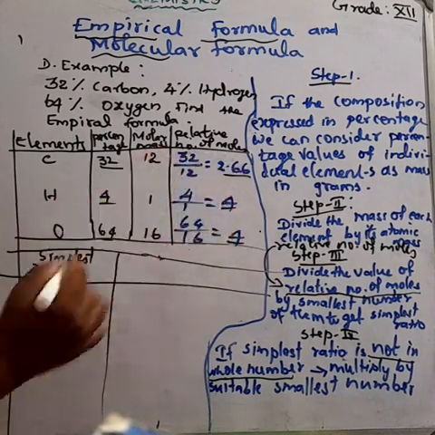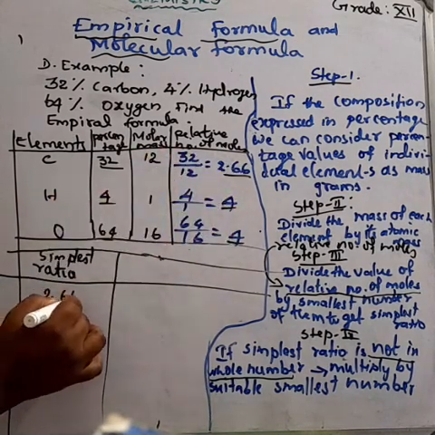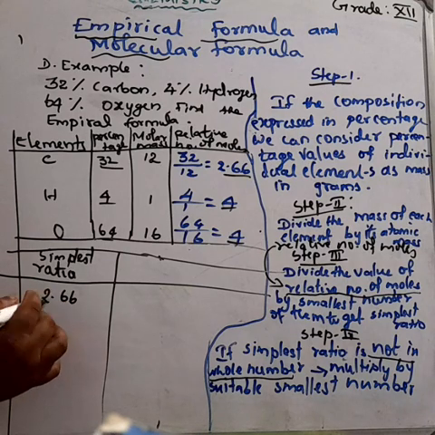For carbon, 2.66 divided by 2.66 is equal to 1.